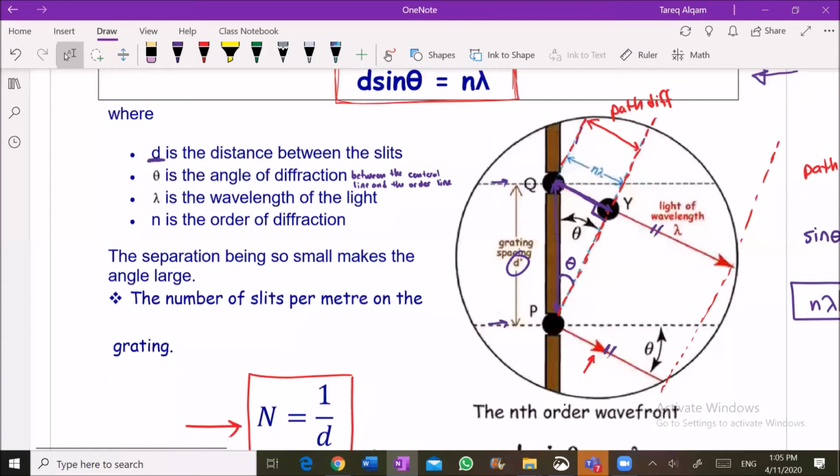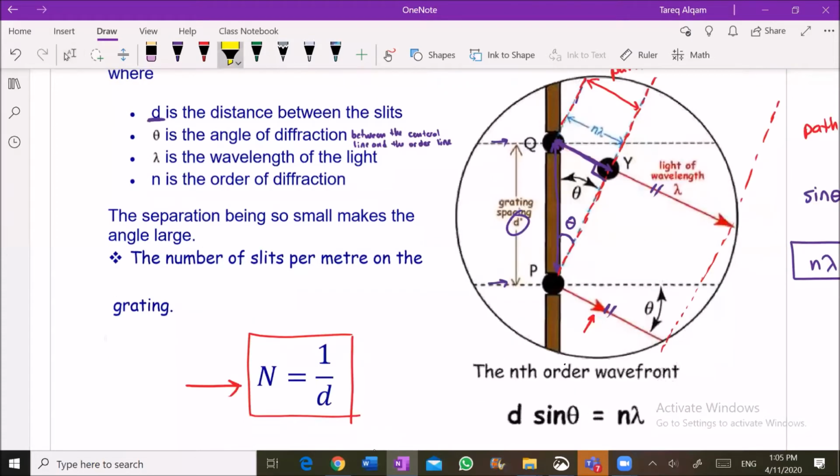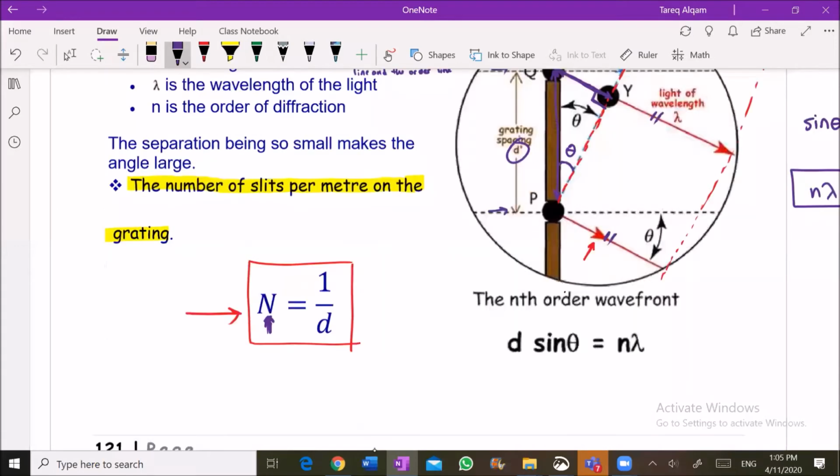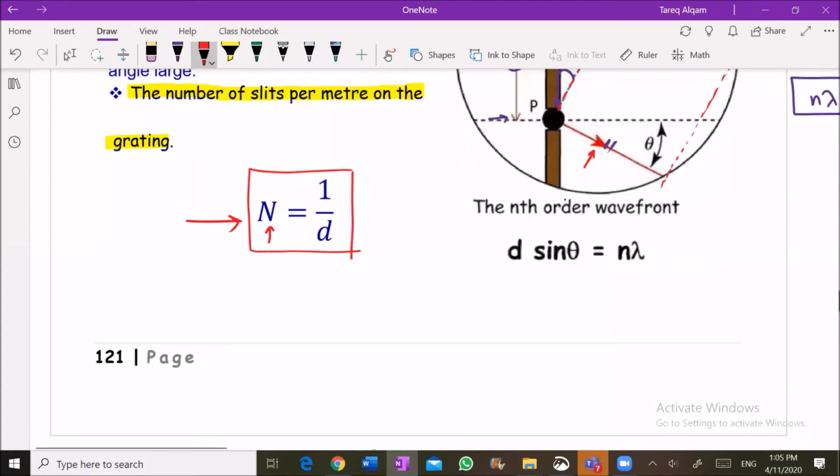There's something called the number of slits per meter. How many slits in 1 meter? This is capital N. If we are given this capital N, it's 1 over d, where d, as we mentioned before, is the grating spacing or the separation between the slits.